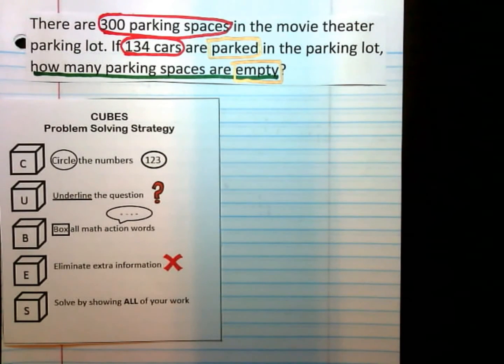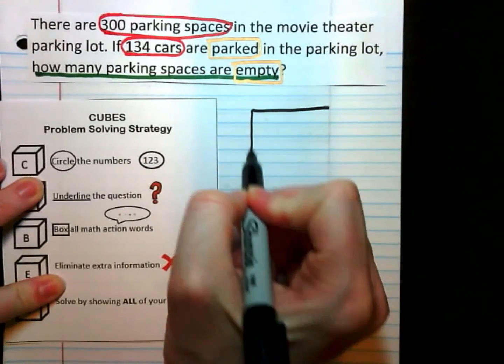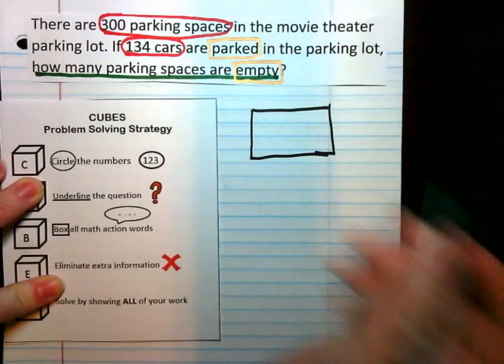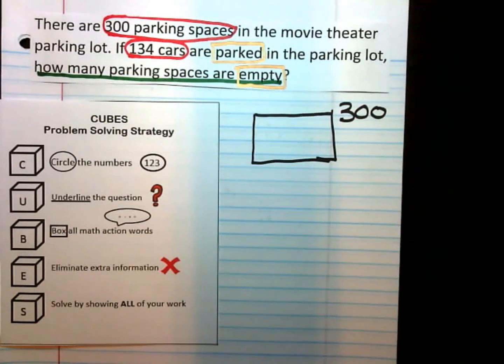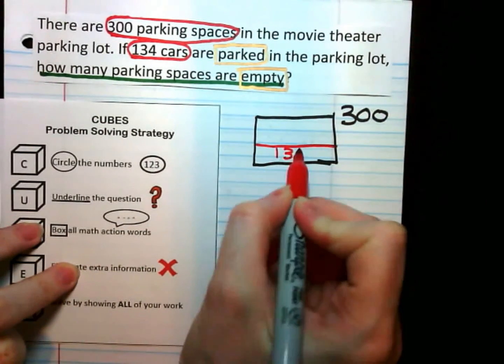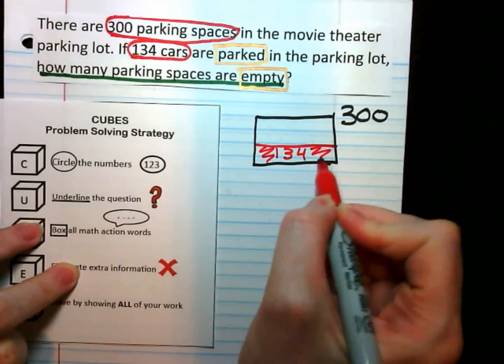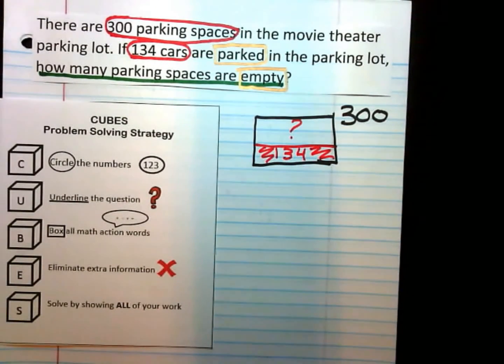Well, I saw that there was a parking lot at the movie theater. And in all, there were 300 parking spaces. But then I also saw that 134 of them had cars in them. So all of this had cars. I wanted to know, what's that leftover amount? So to get my answer, I need to subtract 134 from 300.